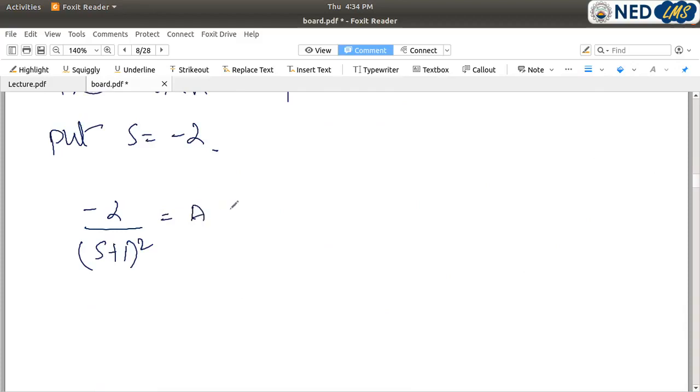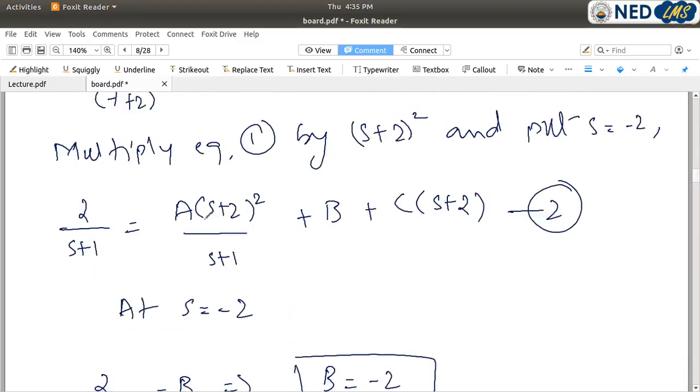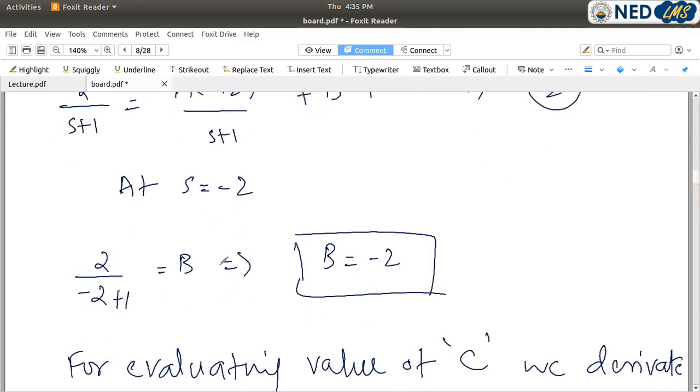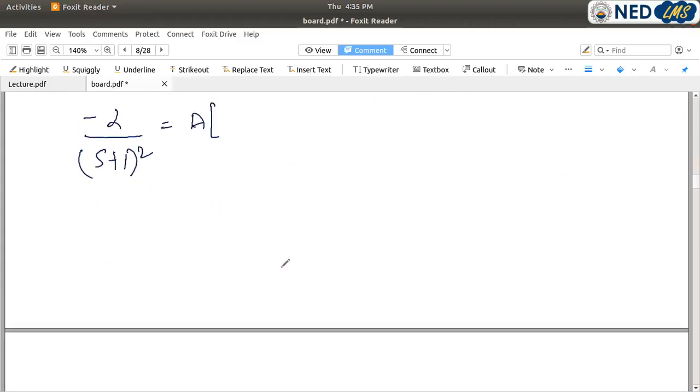is equals to a, we will apply the u over v function. I hope you studied it in the second year maths.